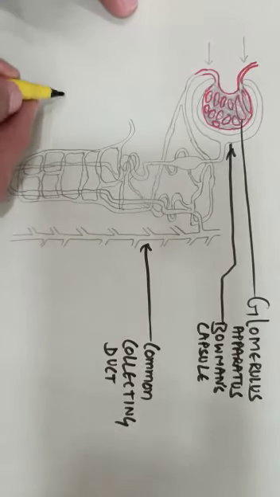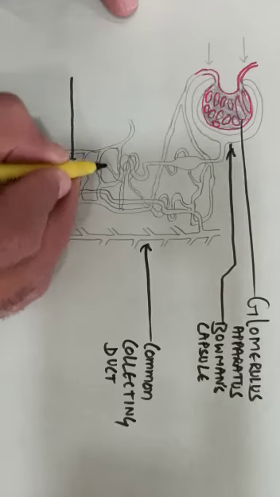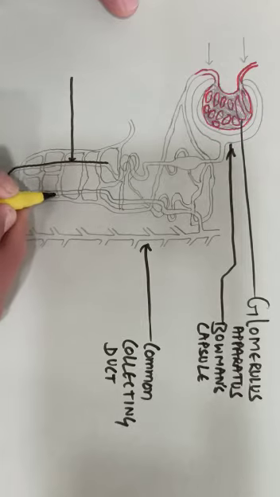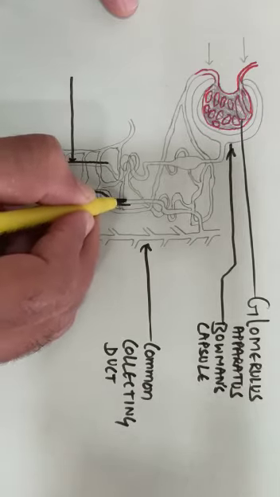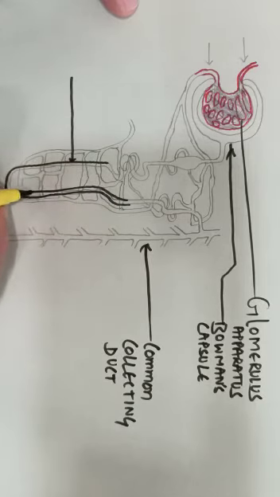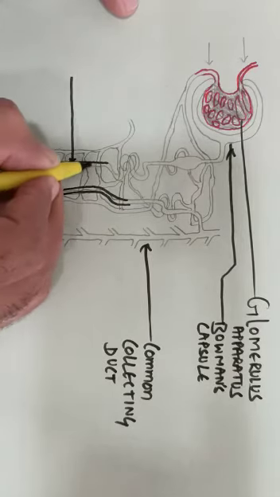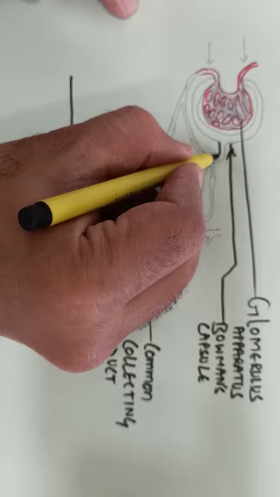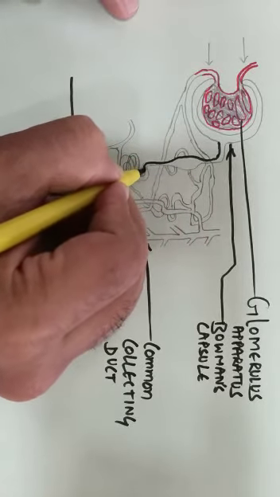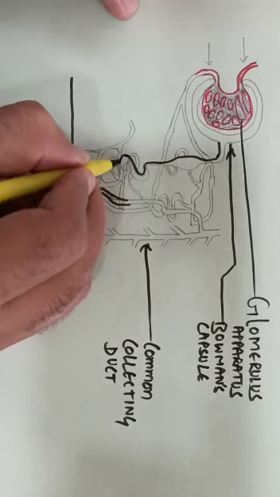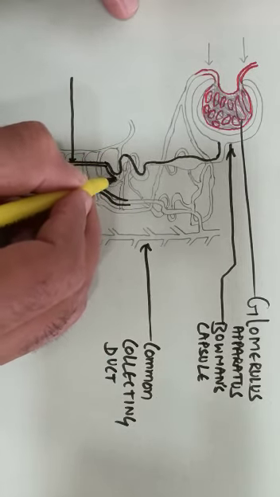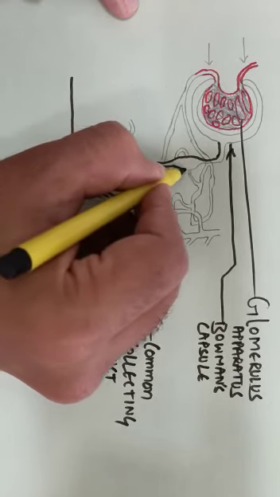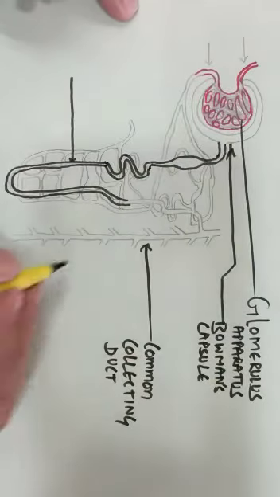Now this structure is the inside loop. Here is the inside U-shaped structure. This is Henle's loop.